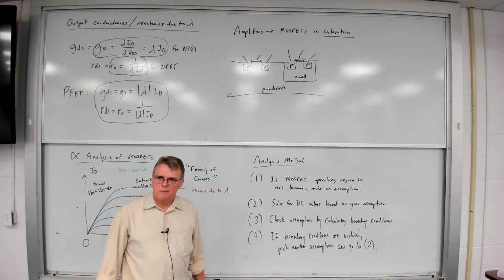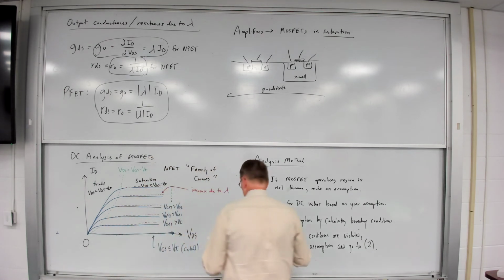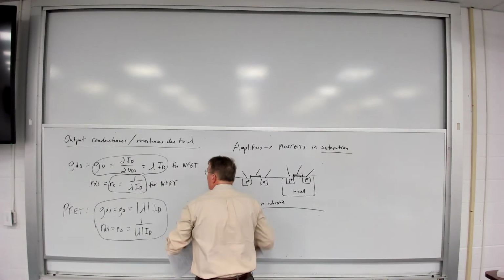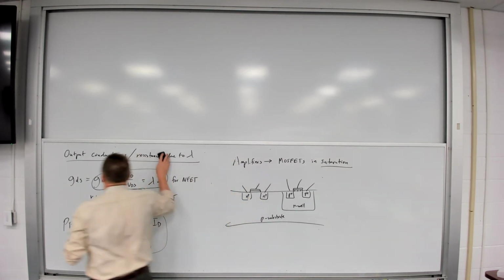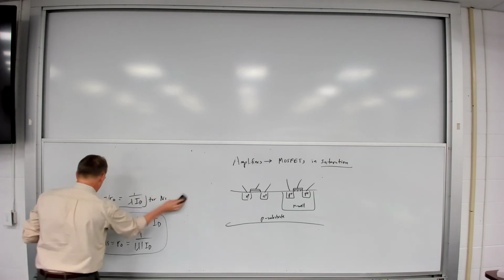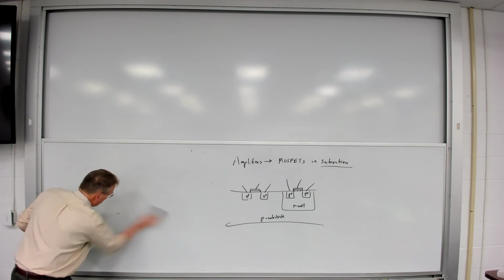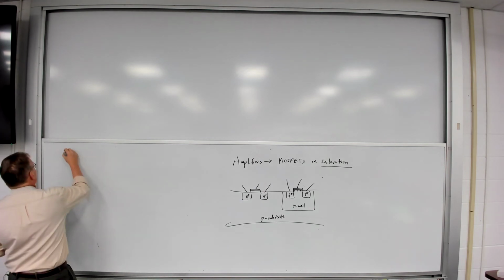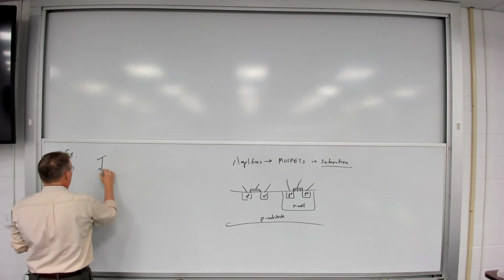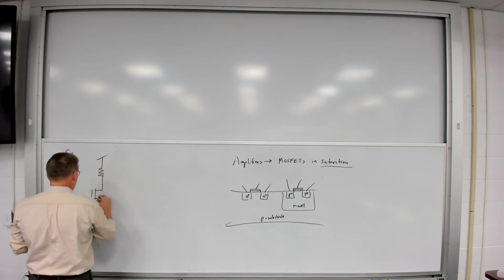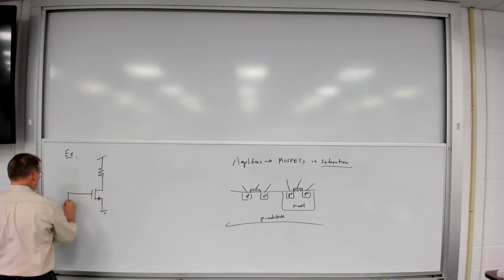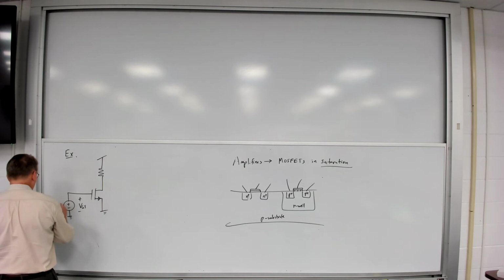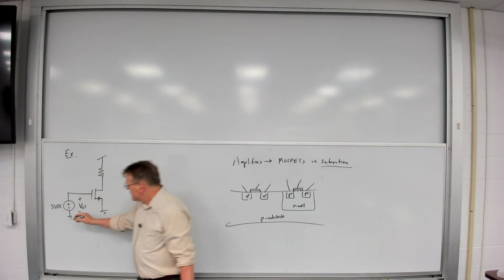We've seen this before. We did this with diodes. Well, now we're going to do it with MOSFETs. All right, let's try it. Okay, I've got a 3-volt DC source.